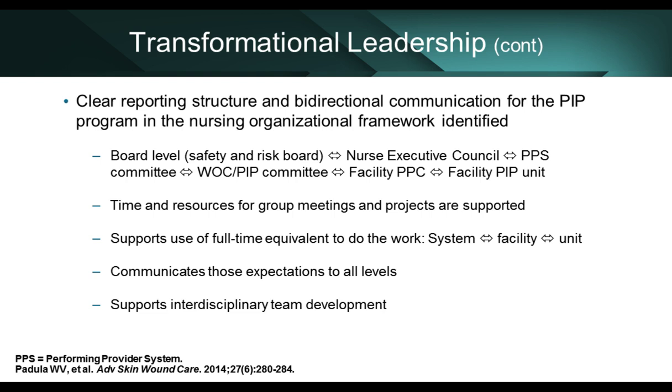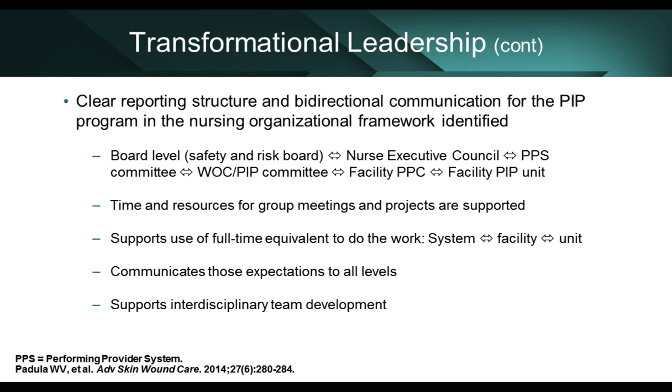Another example was clear reporting structure and bidirectional communication related to the pressure injury prevention program within the nursing organizational framework. And you can see here some examples of how this was done.